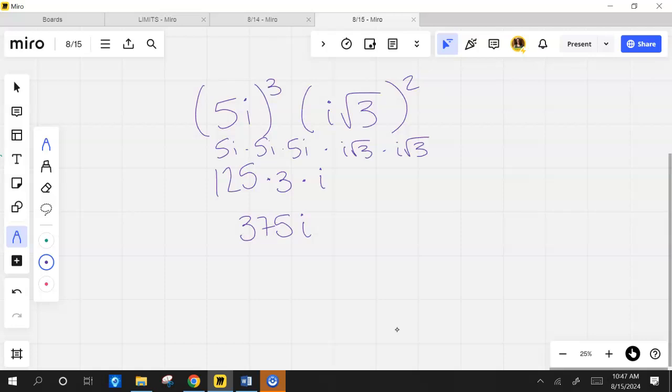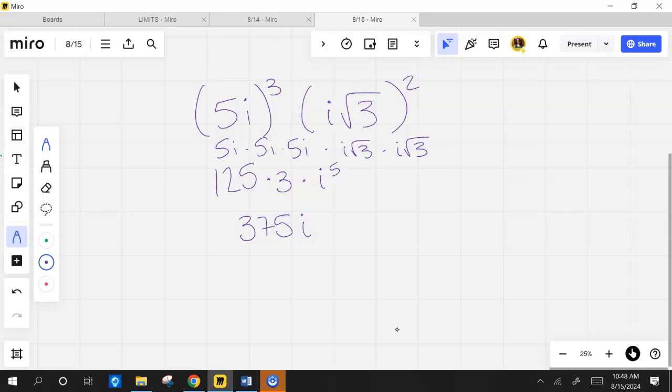Huh? Oh, 5. Which is 2. Wait, which is 1, I mean. No. Yeah, right? Right? 1. Yes, 1. Which is what? 1. Oh, negative i. Square root.